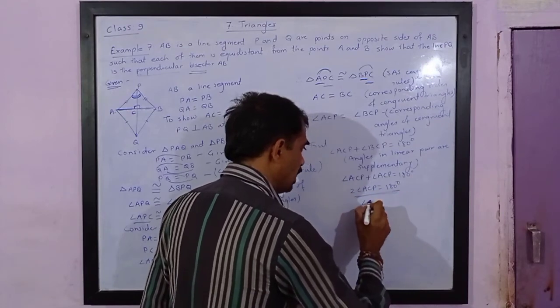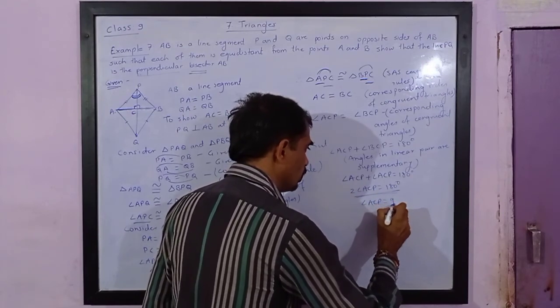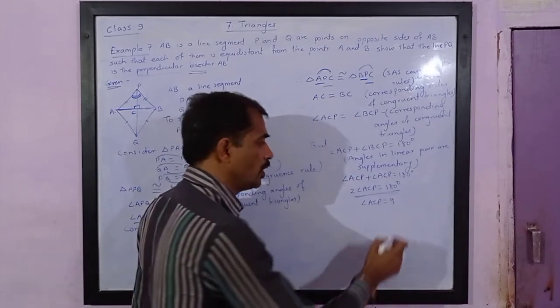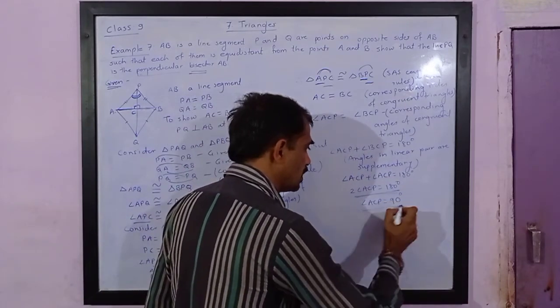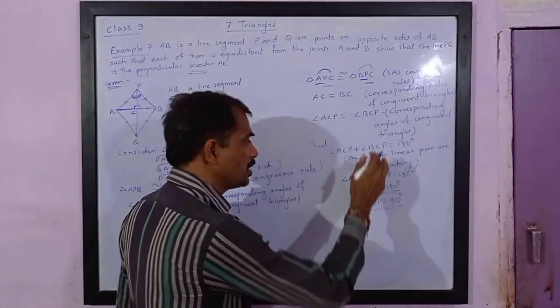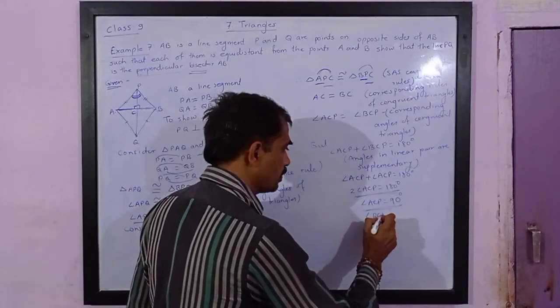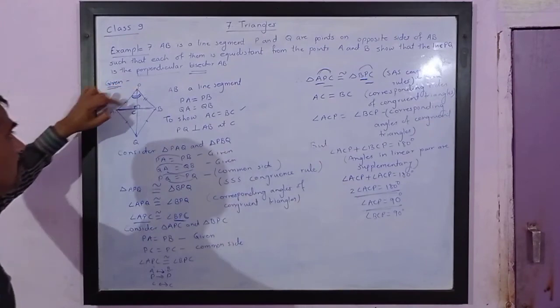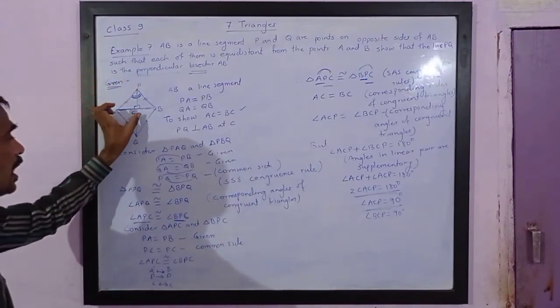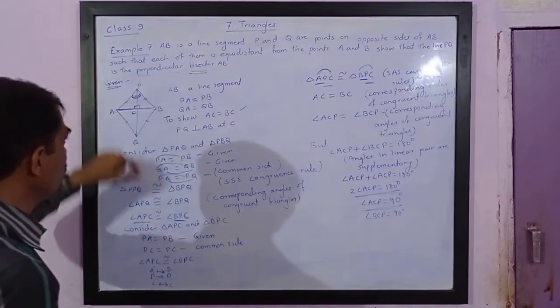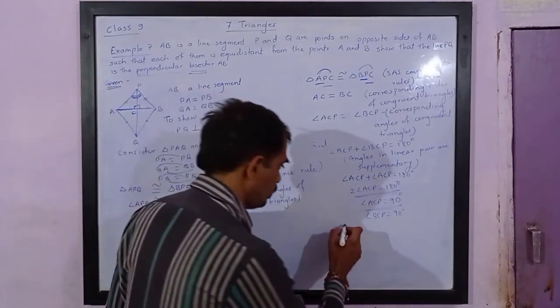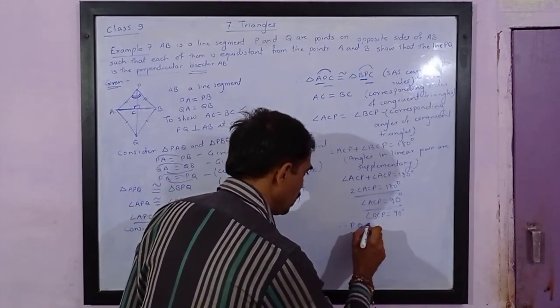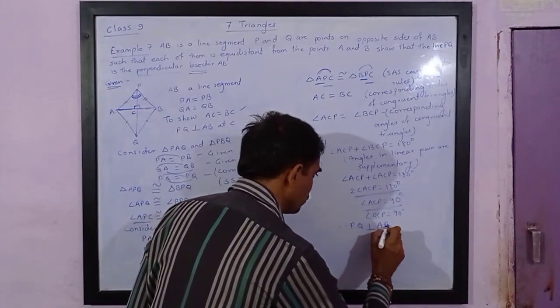It means, divide both sides by 2, you will get ACP is equal to 90 degrees. If ACP is 90, means BCP is also 90. If you have got ACP is equal to 90, I can say that PQ is perpendicular to AB. Therefore, PQ is perpendicular to AB.